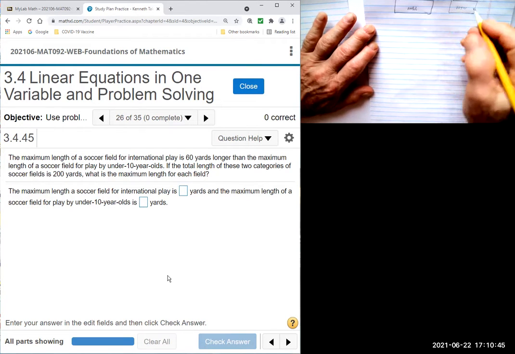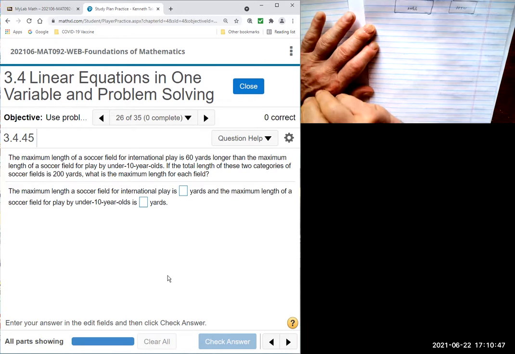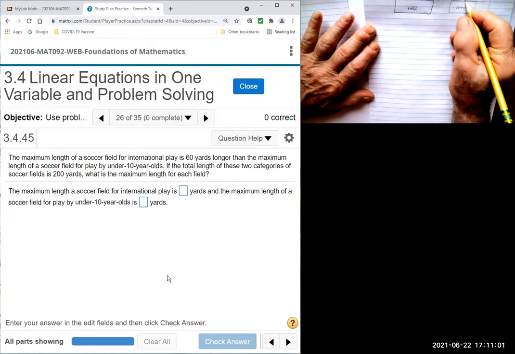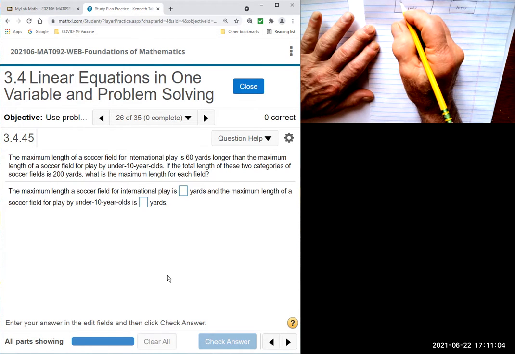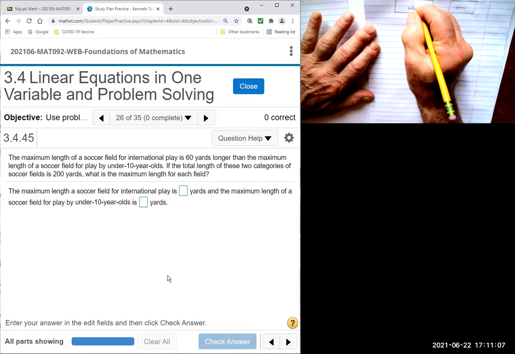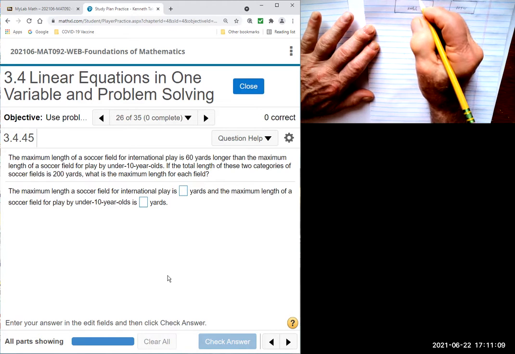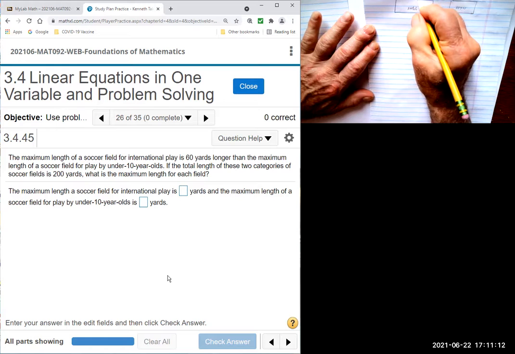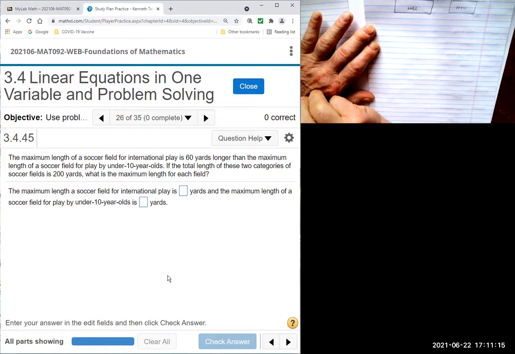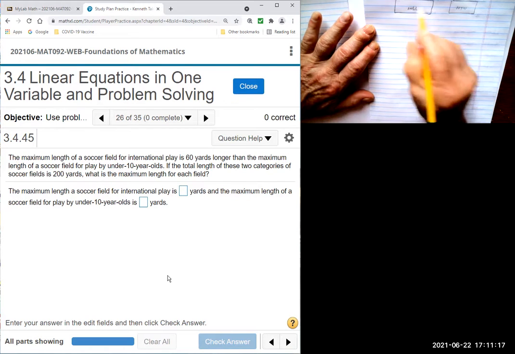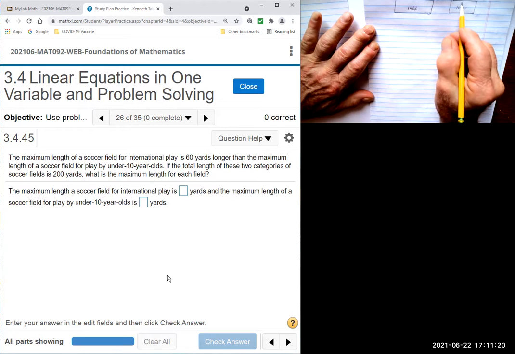So if we knew the length for the 10-year-olds, call it L, then according to the first instance, the maximum length of the soccer field for international play is 60 yards longer than the maximum for 10-year-olds. So for international play, it's larger, 60 plus L. I can use whatever letter I want because I'm doing the problem. Now we know the length in terms of a letter or expression for each field.